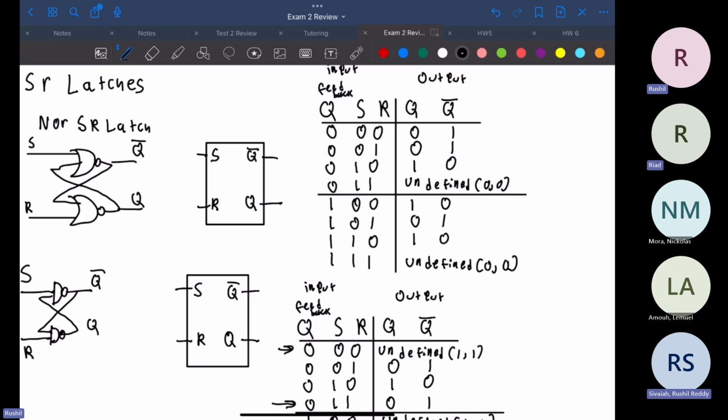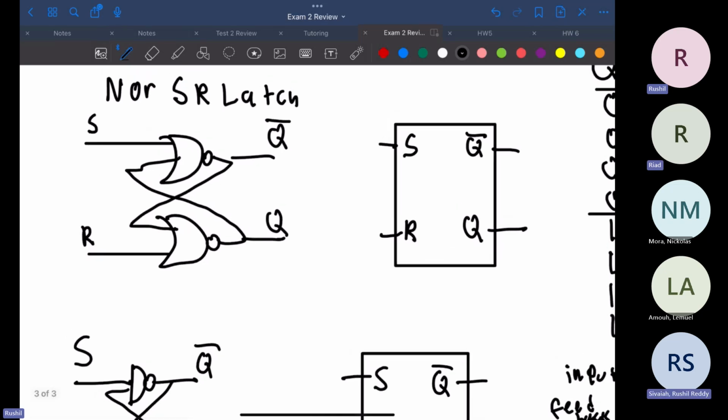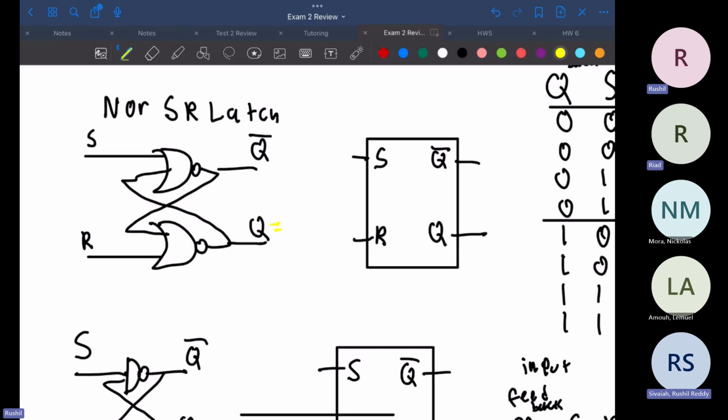Okay, I understand where you're coming from, but let's look at the actual gate here. Let's assume we had the values 0, 1, 1. Q is equal to 0, R is equal to 1, and S is equal to 1.